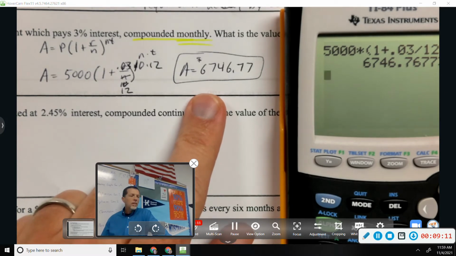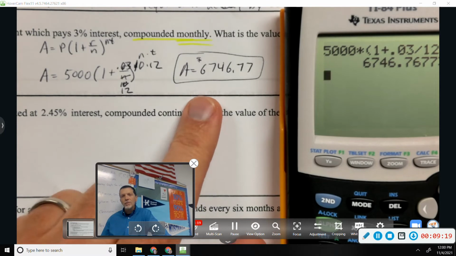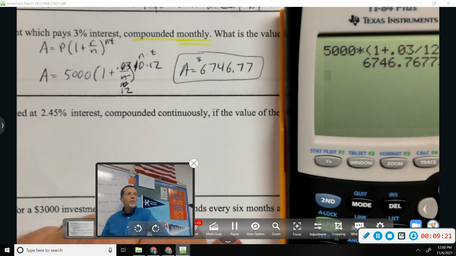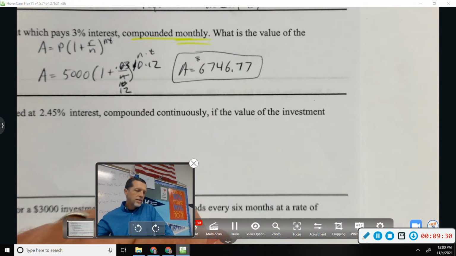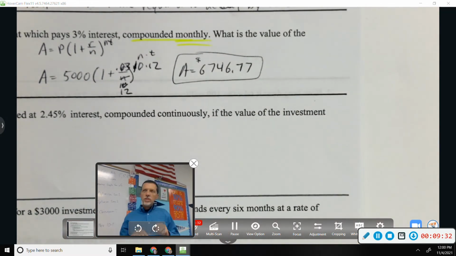I got 173,000. If you invest 5,000 and 10 years later you have 173,000, hopefully you realize, wait a minute, I'm either cheating on my investment somehow or I made a mistake. Oh, I didn't divide it by 12. Questions on number one?